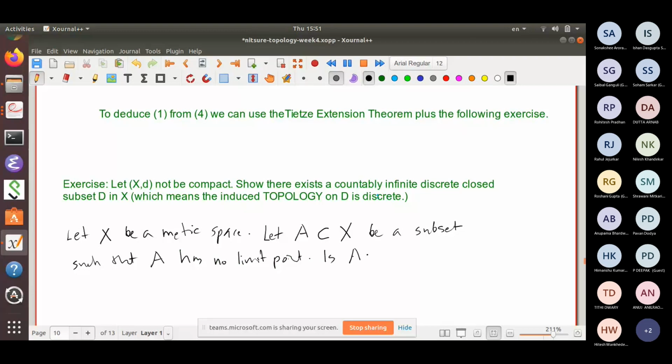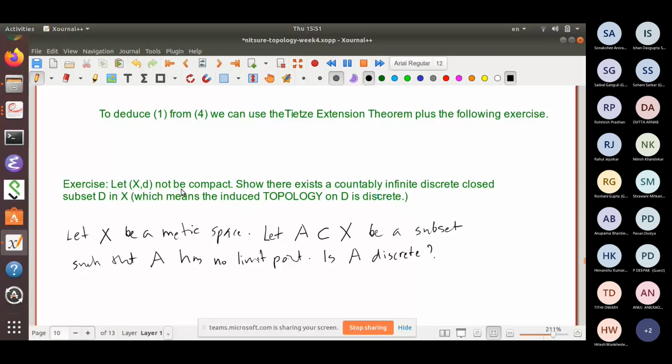Is A discrete? Yes, sir. Yes. But here you are asking for something more. You are asking for an infinite discrete closed subset. How will you produce a countably infinite discrete closed subset?